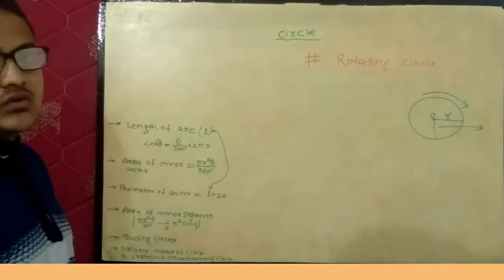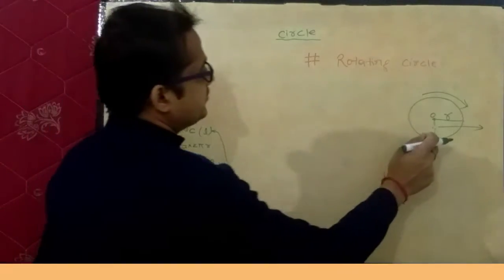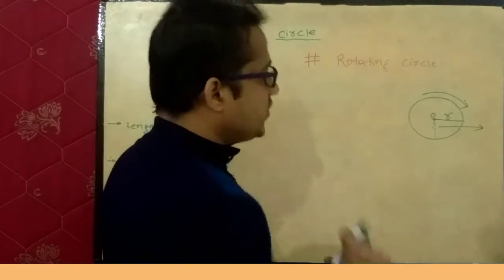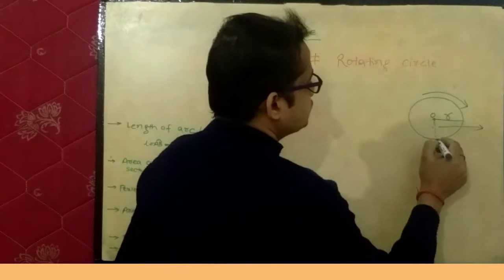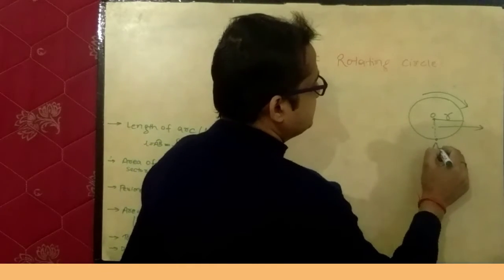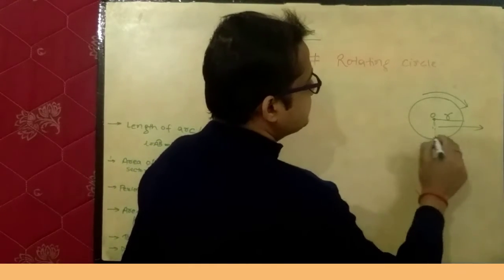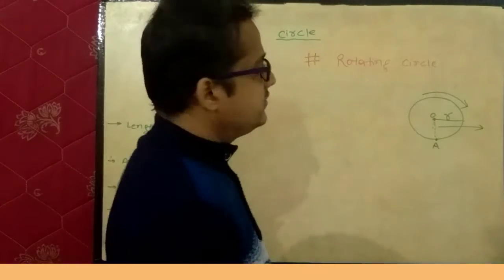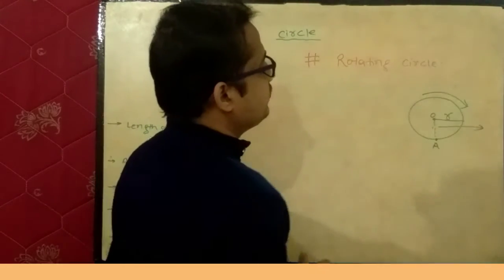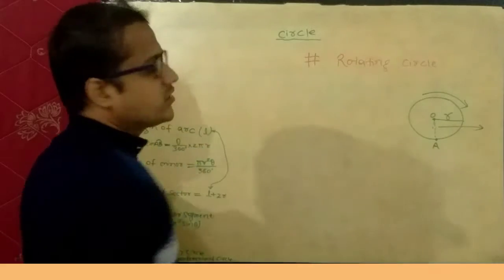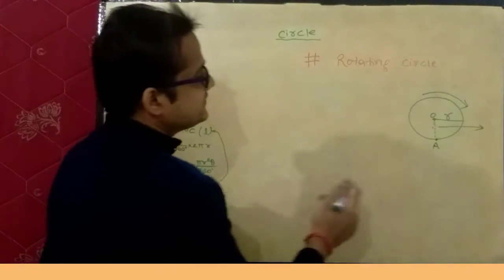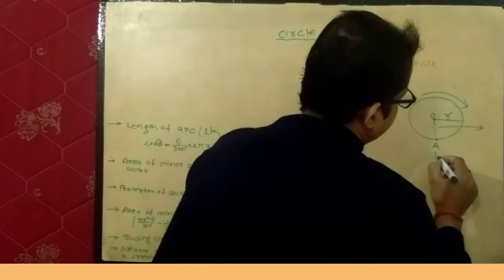Now in order to calculate the distance covered by this circle in one complete rotation, suppose this point is A and this circle starts moving and completes one revolution. After completing one rotation, what is the distance covered by this circle?